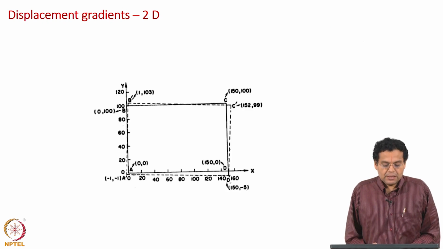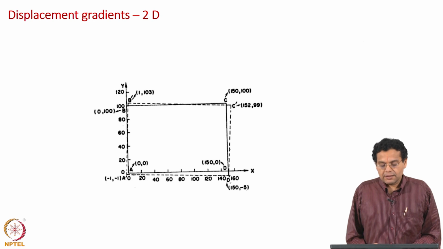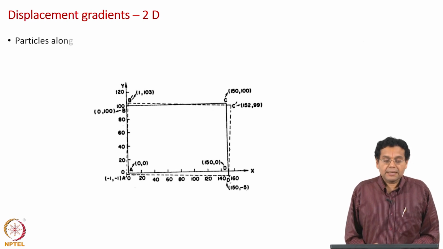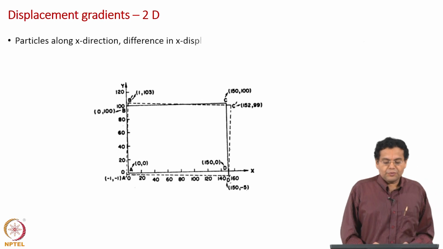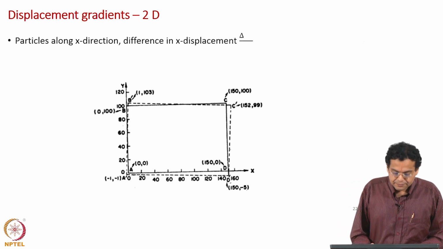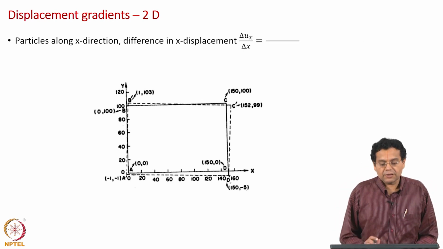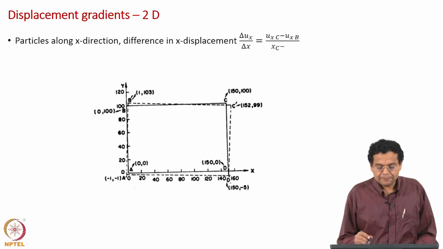Now, we will first consider particles along the x axis. In the present case, we are going to consider particles B and C, so particles along x direction. First we are going to consider difference in x displacement. How do you write formally?